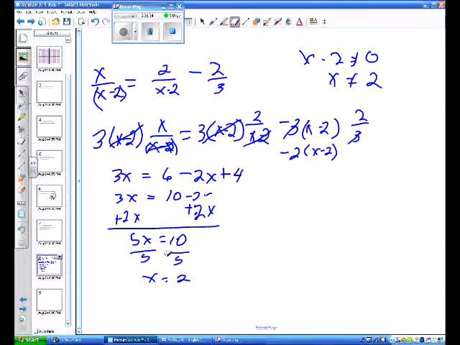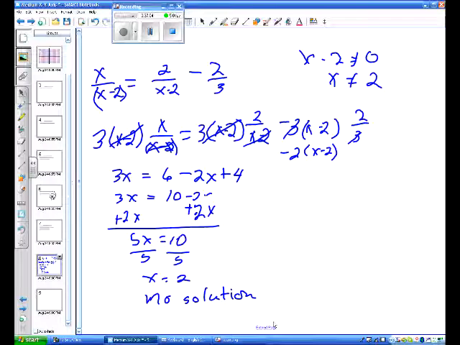So we got a nice answer for our equivalent equation, but we've already said that it cannot be 2 because that would make our original equation's denominator 0. So what we have to do here is, since that can't be 2, then we simply say there's no solution. So that's one of our reasons then for limiting our domain.